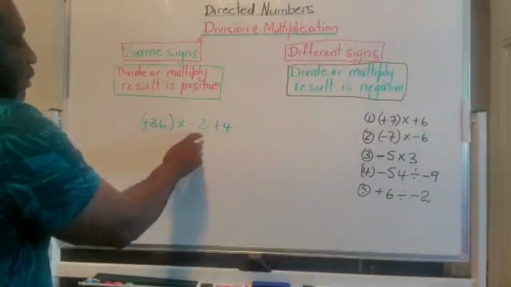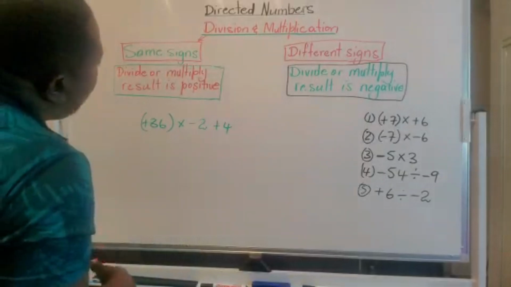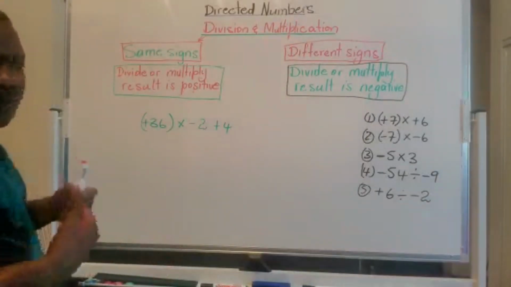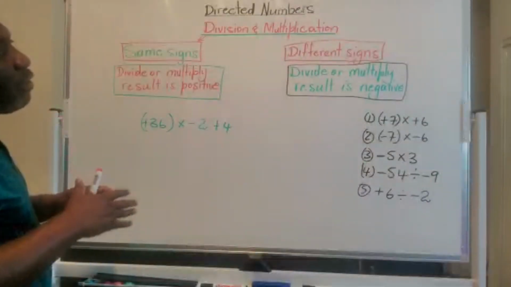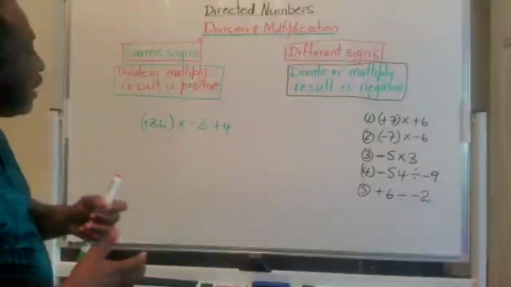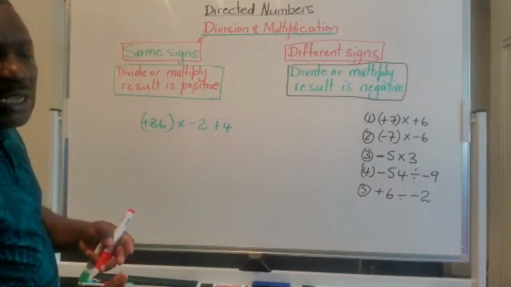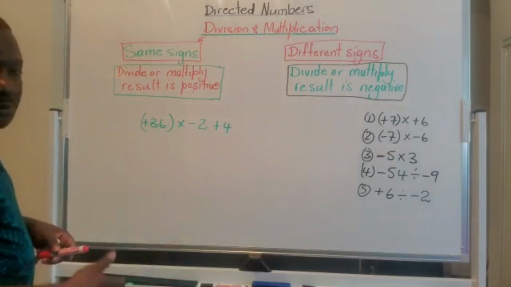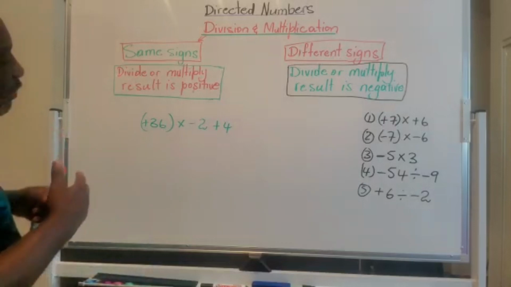I must do multiplication first. Bear that in mind, guys. Multiplication must be done first, and in our next lesson, when I incorporate all 4 operations, addition, subtraction, multiplication, division, we look at how we work with brackets. We look at which is being worked first. So stay tuned for our next video.